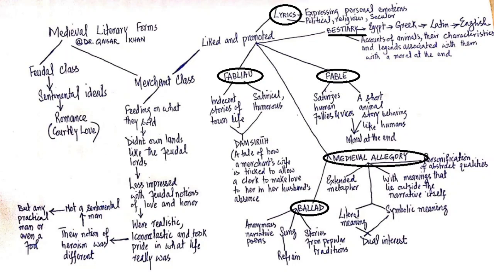Let me give you an example of one from the Middle Ages. We have this example of Roman de la Rose. Now this Roman de la Rose exists in two parts.